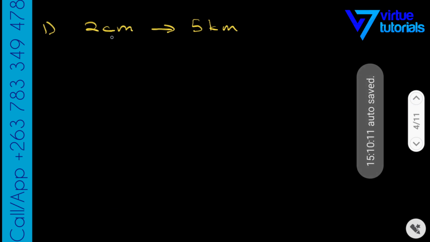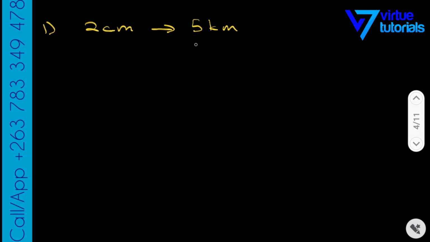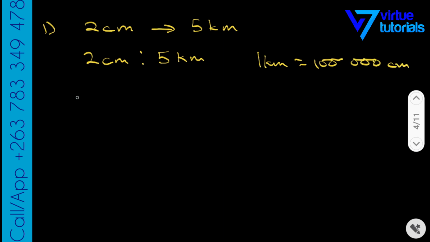Now, if I have 2 centimeters representing 5 kilometers, I have to change my kilometers to centimeters. Now, what do I know? 1 kilometer is equal to 100,000 centimeters. So 5 kilometers will in essence be 500,000 centimeters.